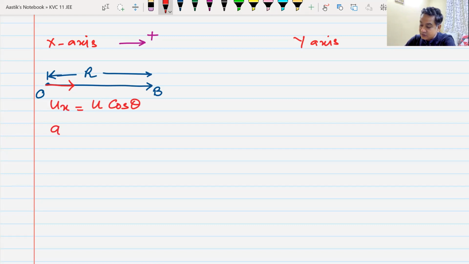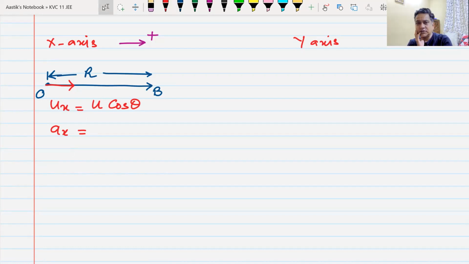What about the acceleration along x? What is the acceleration along the x-axis? Is there any acceleration along the x-axis?